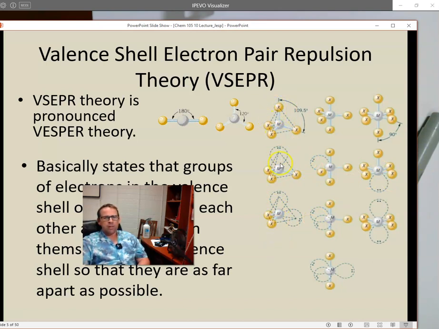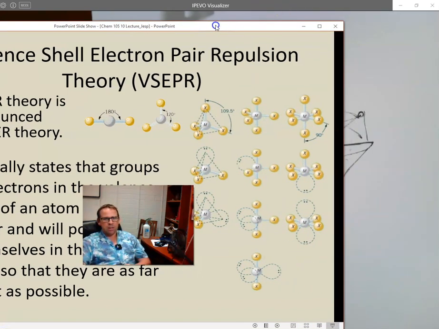However, in these bottom 2, regions of the electron density are taken up by non-bonding regions, as opposed to up here at the top, all bonding regions. So that makes a difference between the shape of all of the electron domains and the resulting shape of the molecule itself. Okay? So let's take a look at this sort of thing.